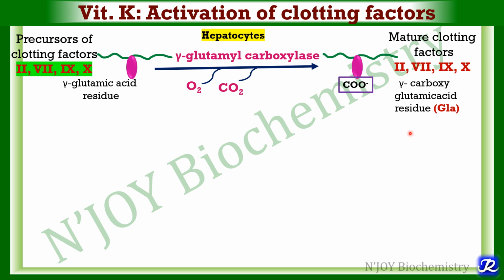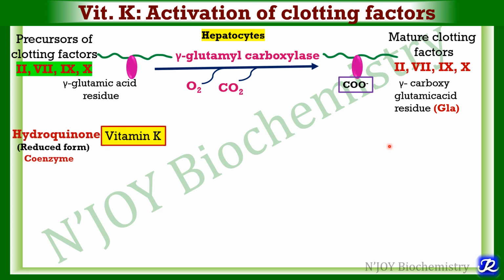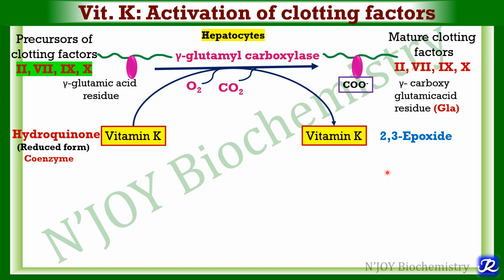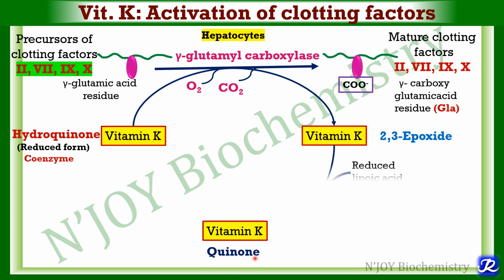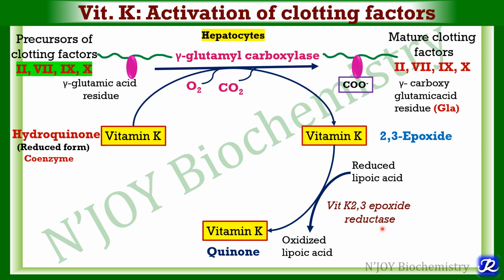So the activation of immature, inactive clotting factors into active clotting factors requires gamma carboxylation, and this process requires vitamin K as a coenzyme in its reduced form. Hydroquinone is the reduced form of vitamin K, which acts as a coenzyme here, and this vitamin K is used up to form the 2,3-epoxide form of vitamin K. Now to regenerate the reduced form from the 2,3-epoxide form, an intermediate is formed, that is the quinone form of vitamin K. To form this quinone form, the vitamin K 2,3-epoxide reductase enzyme is required, and it also requires reduced lipoic acid, which provides the thiol group required for formation of this quinone.